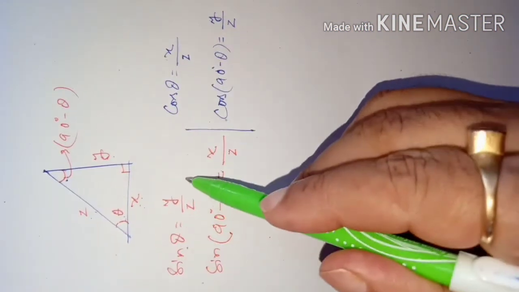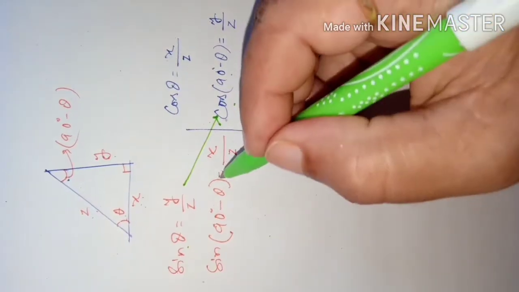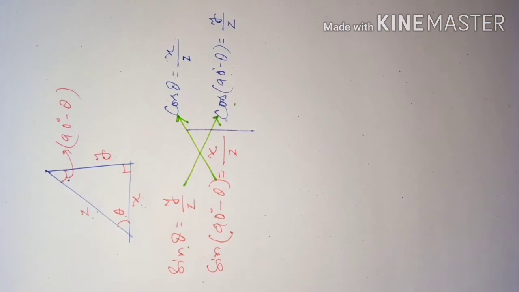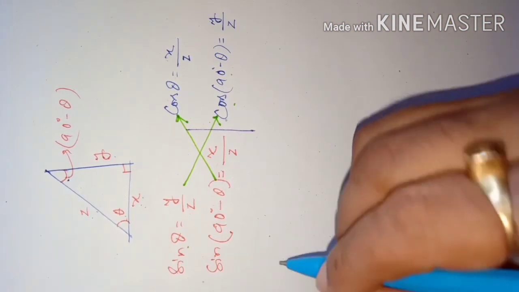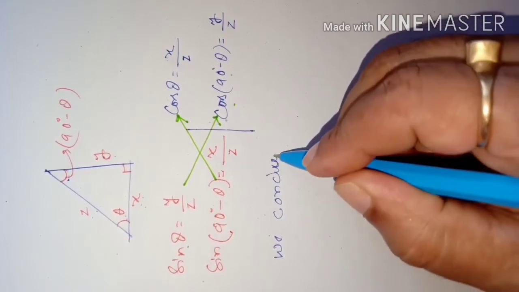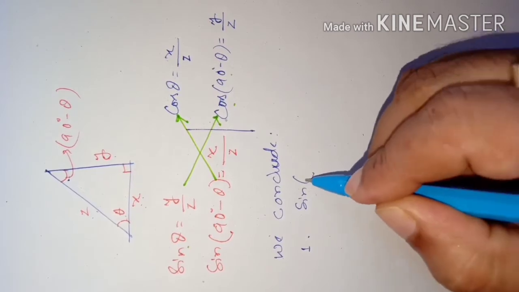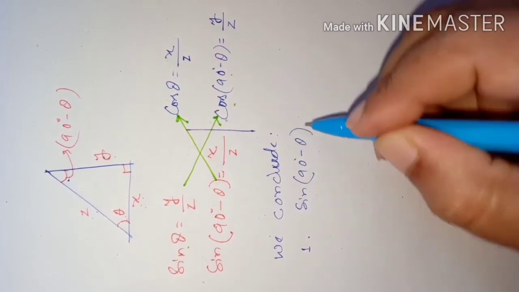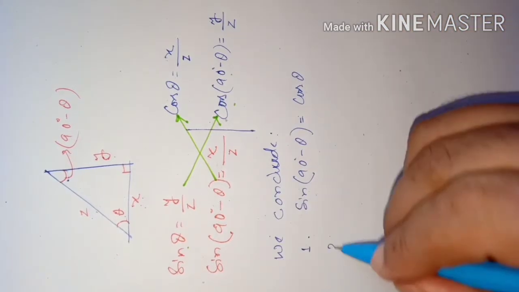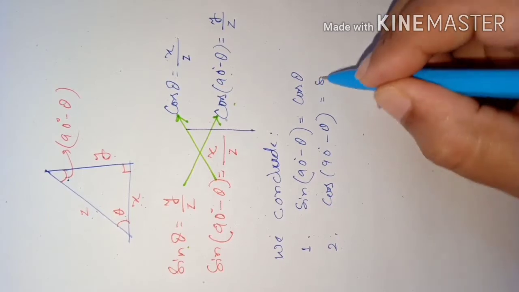What you got for sin theta, you got the same for cos of 90 minus theta, and sin of 90 minus theta equals cos theta. So we conclude that sine of 90 minus theta is cos theta, and cos of 90 minus theta is sin theta.